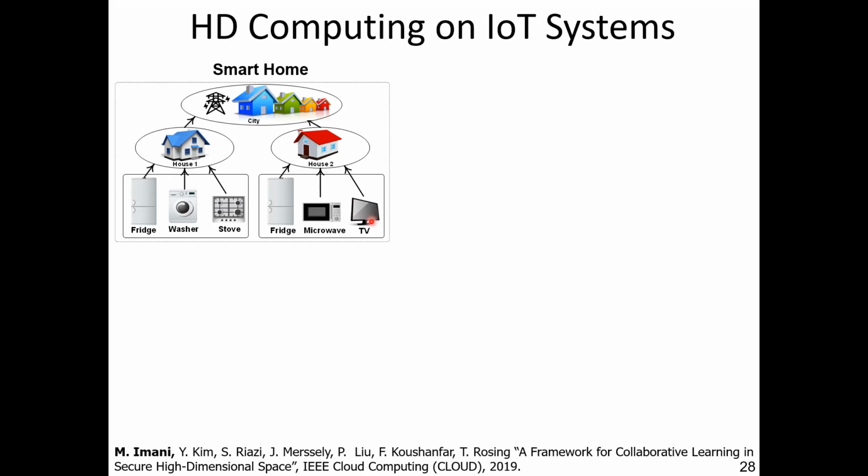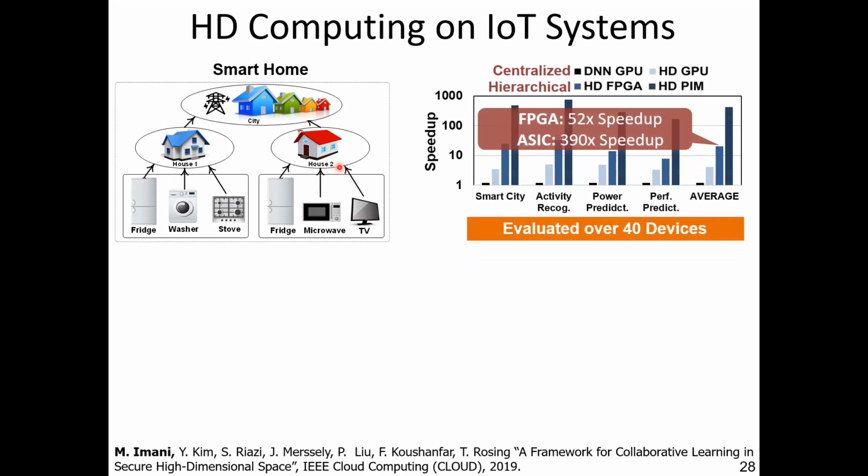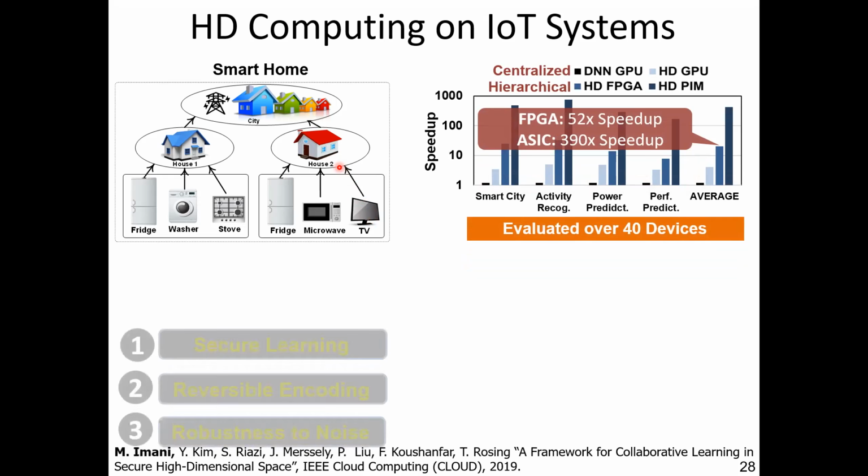But HD computing is mathematical. We can mathematically estimate the dimensionality, and we can aggregate the results through the hierarchy of devices such that every node carries out a part of the learning task. That's the type of work we are doing, and we are observing very interesting results in some implementations and simulations we have too.